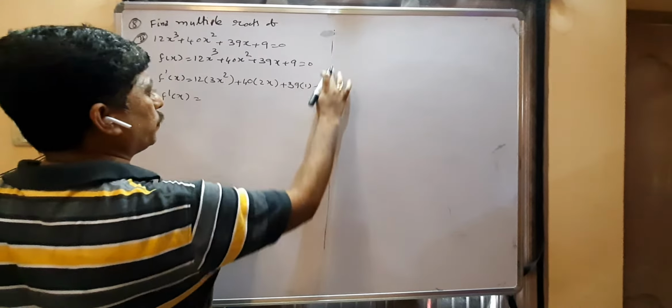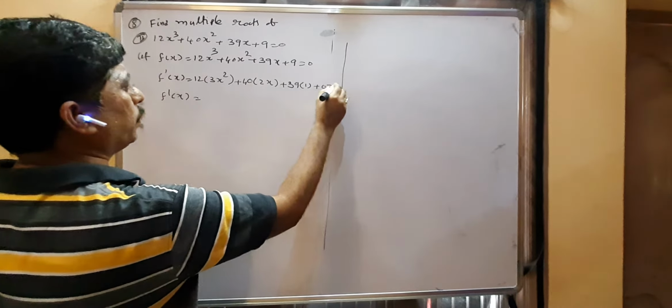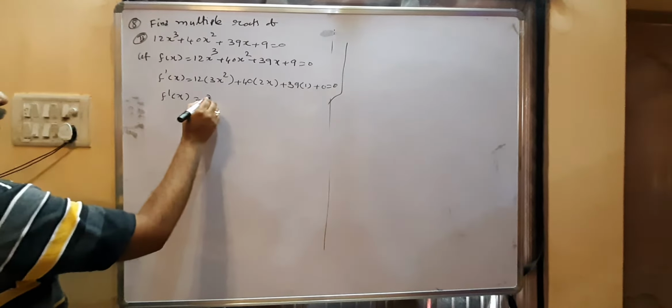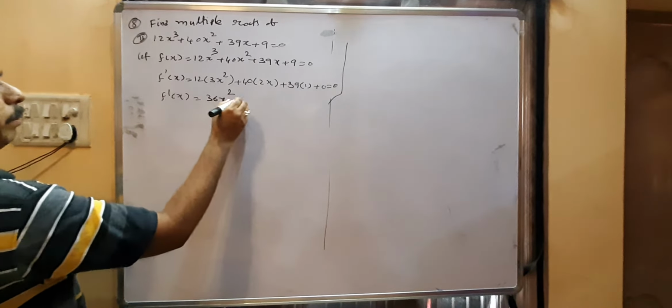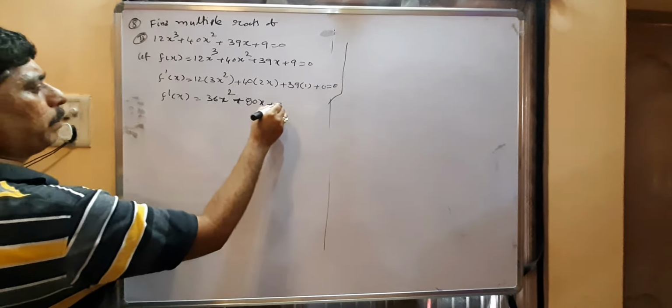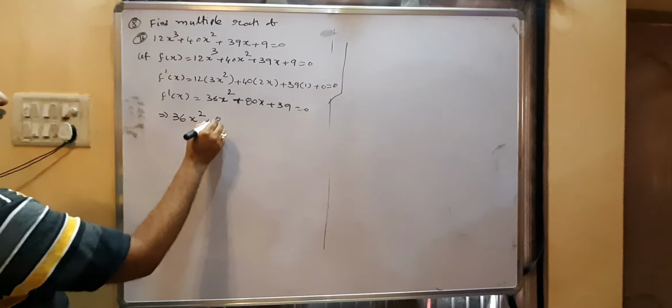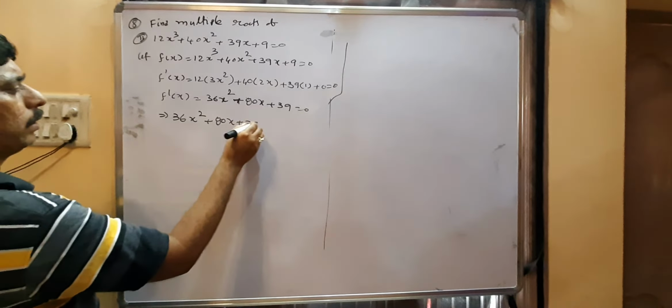I am taking f dash x directly as 0. So that is 36x square plus 80x plus 39 equal to 0.